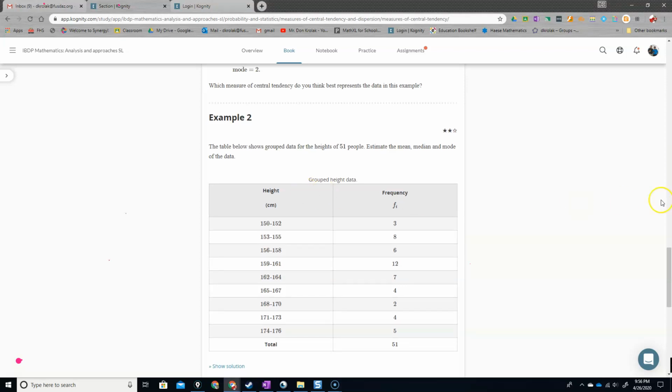On each one of these, my mid-interval is just halfway between the upper bound and the lower bound. Well, these are easy. So this is just 51 and so forth.